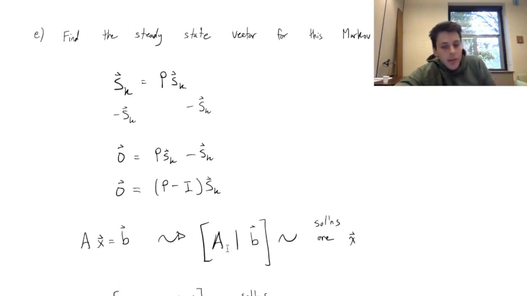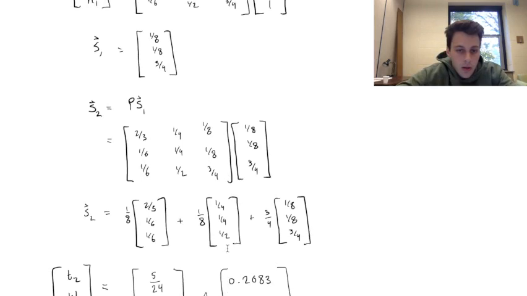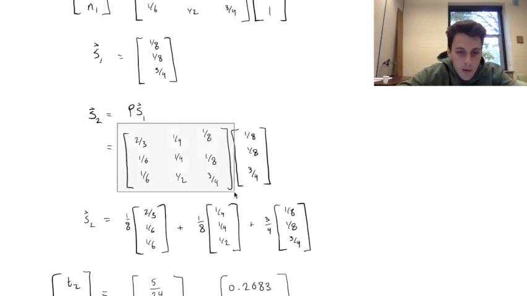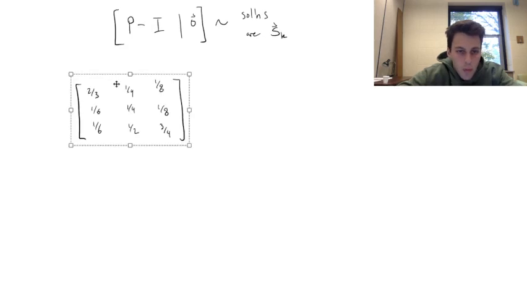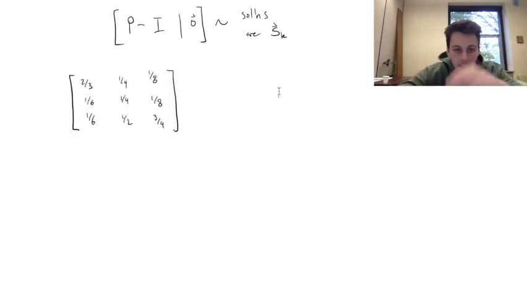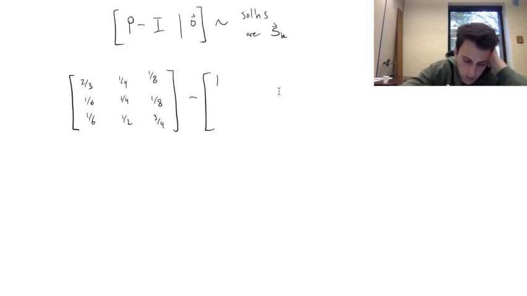Okay? So let's get our matrix P here. Copy and paste this. So P minus I. The identity matrix here is 1s across the diagonal and 0s in all other entries.